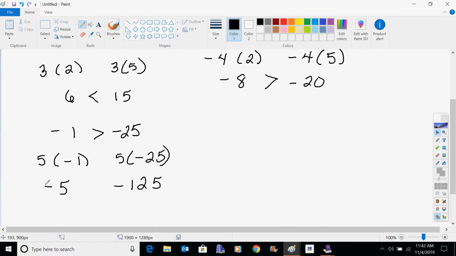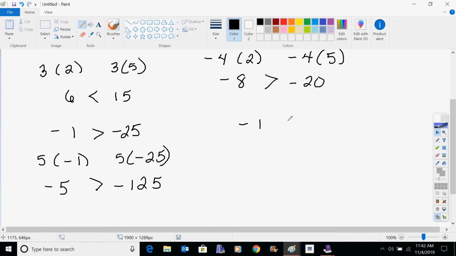So which one is greater? -5 is greater. Notice that the inequality sign stayed the same, even though we started with negatives. That's fine. It doesn't matter what you start with. It matters what you multiply both sides by.